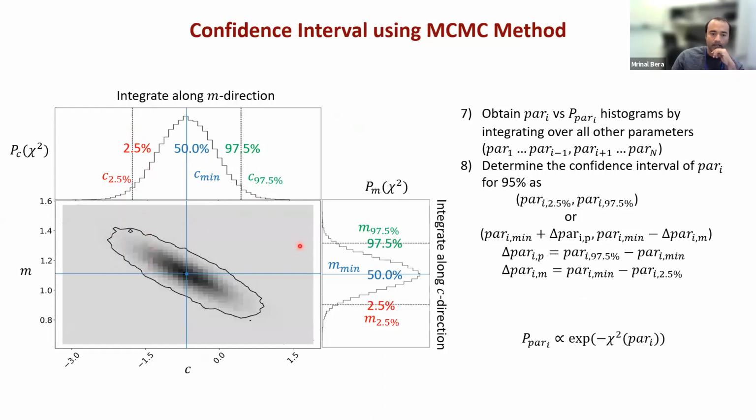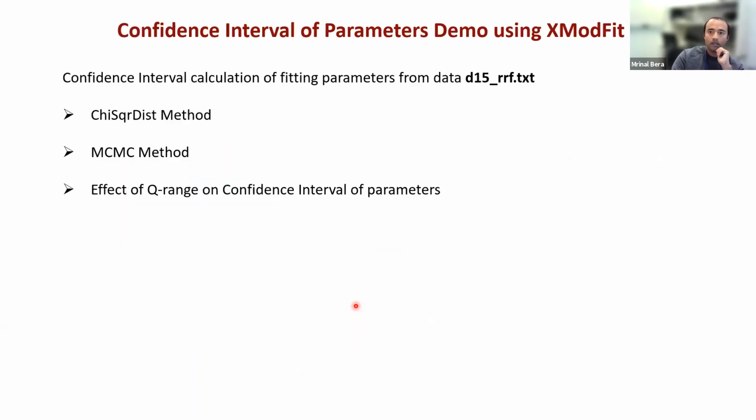For instance, you get a probability distribution plot from the analysis, and you integrate it along one direction, like M, to get the error bars along C, and you integrate along C to get the error bar along M. It is the same approach as what we showed before. So these are the two different ways of getting the error bars, and I will now show you with a demo how to do it in our software.